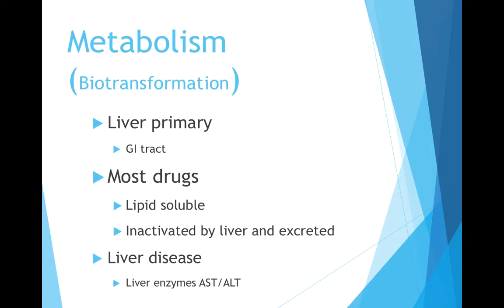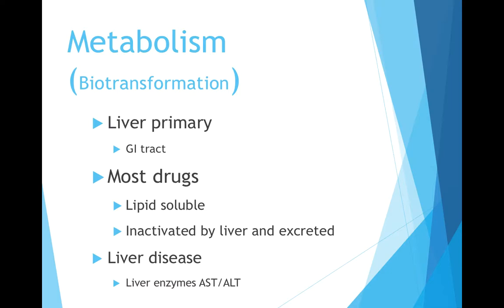This is the most common place where drugs are inactivated in the body. Most drugs come into that area to be broken down from a lipid to a water soluble compound so that they can be eliminated. The most common problem we see with metabolism of drugs is when there's liver disease of any sort.